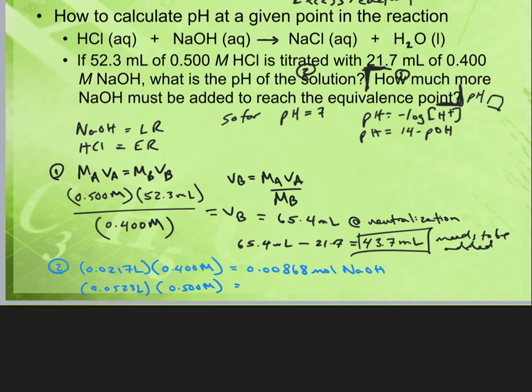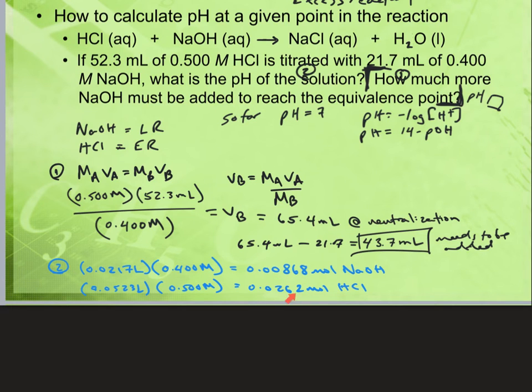Okay, 0.0523 times 0.5. And that is 0.0262 moles of HCl.